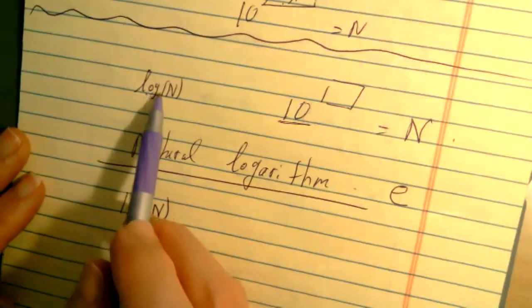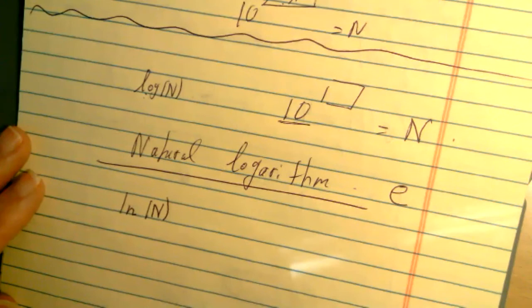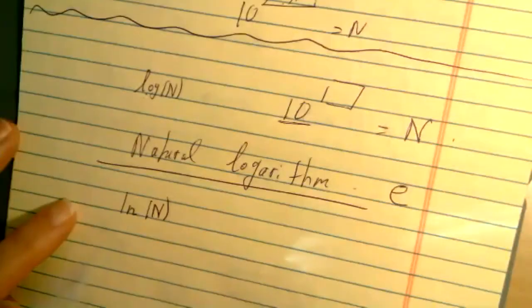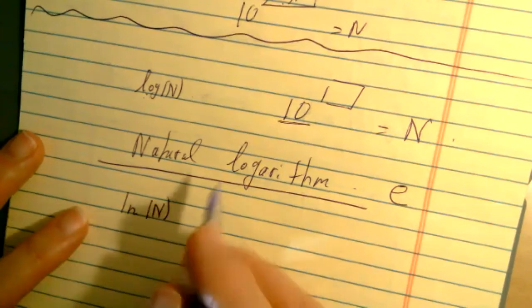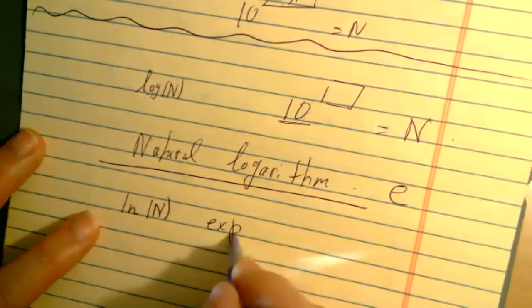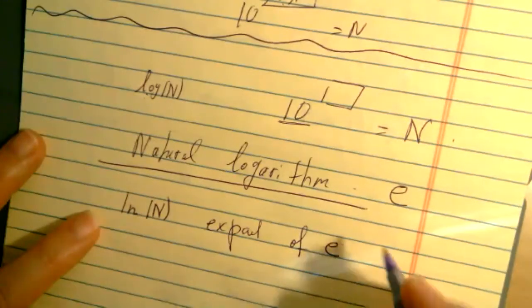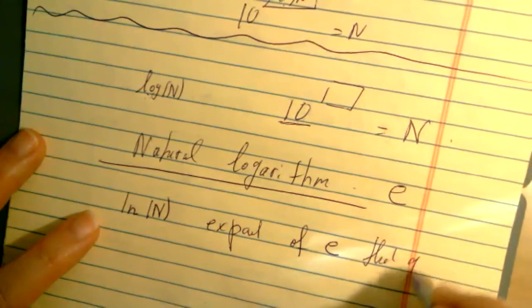This is log of n, usually called the common log. The natural log is ln. We write them in a different way. What's the ln of n? It is the exponent of e, or the power of e, that gives n back.